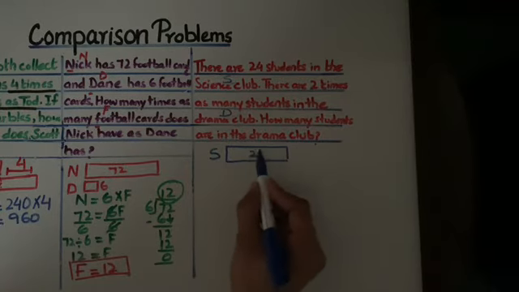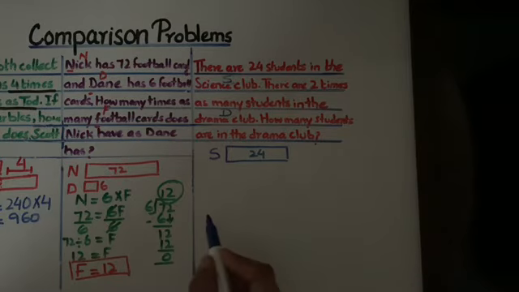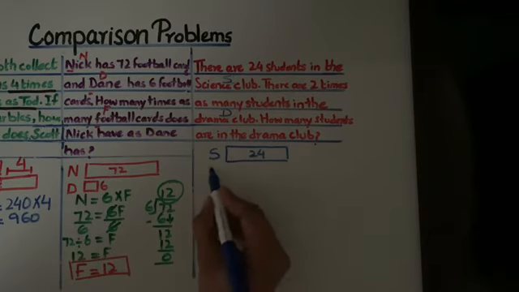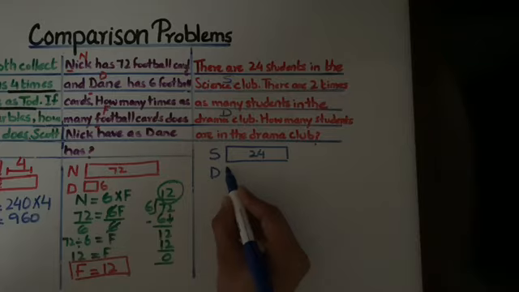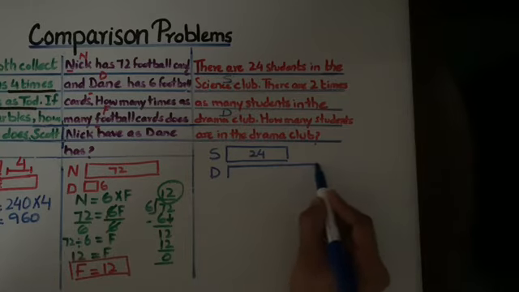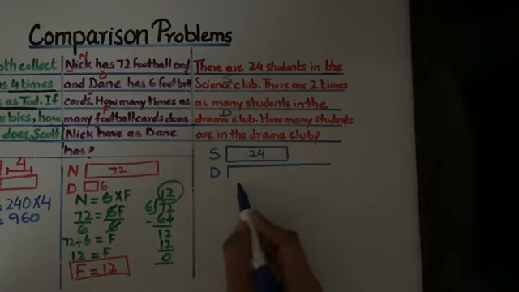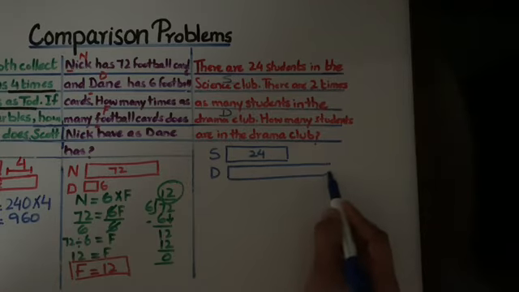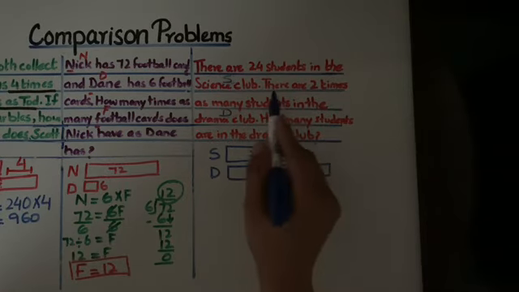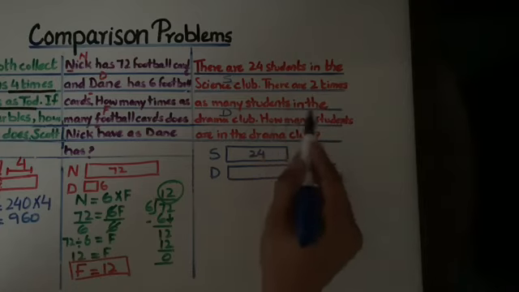So 24 students, science club. Now the drama club has 2 times as many students. So the drama club has more students, and there are 2 times as many students in the drama club.